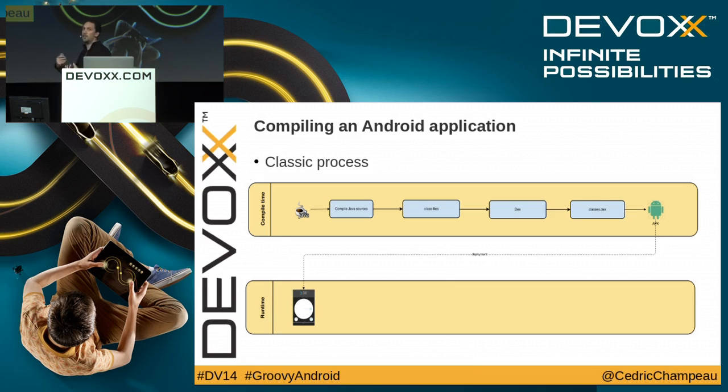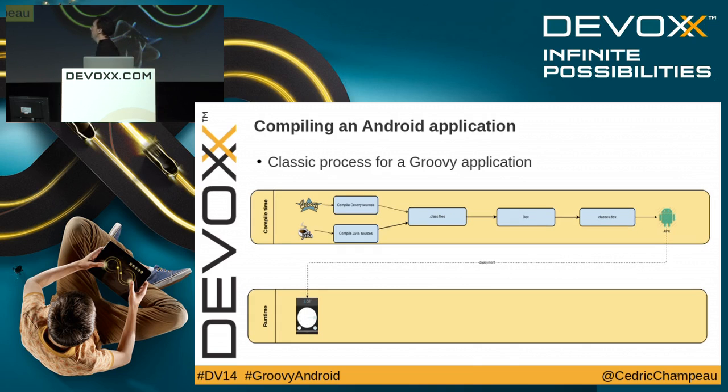Then you generate an APK, which is the installer, basically, and you deploy it on a device. So really, in the middle, compared to a classic Java application, you have a tool called dex that does the bytecode translation.